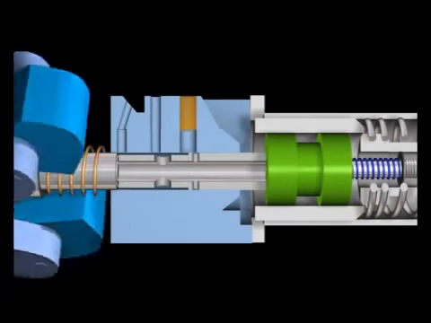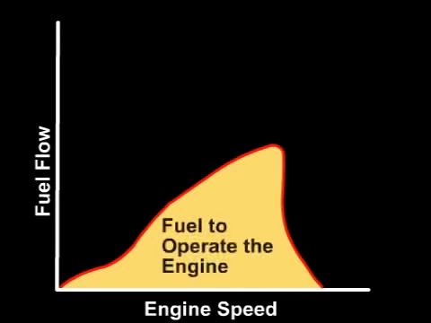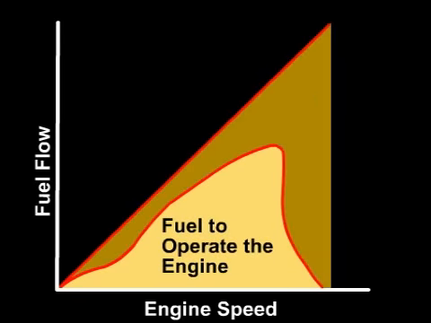For this type of regulator to function, an excess supply of fuel must be delivered to the governor assembly. This ensures that during fuel pump operation, some fuel is always being bypassed, enabling the regulator to maintain control of the supply pressure.